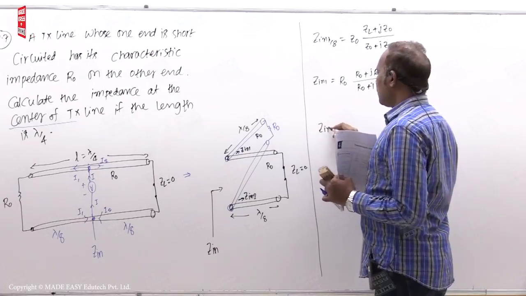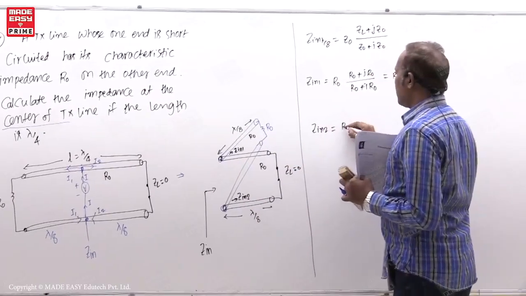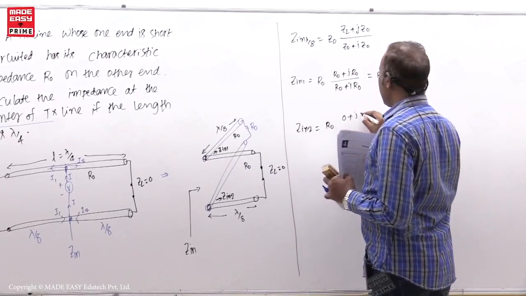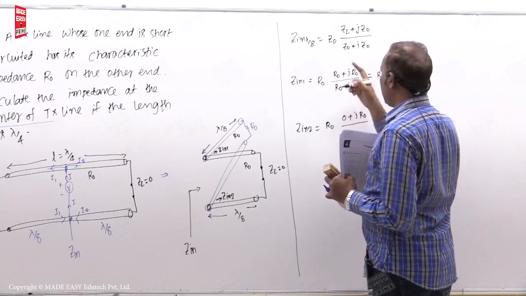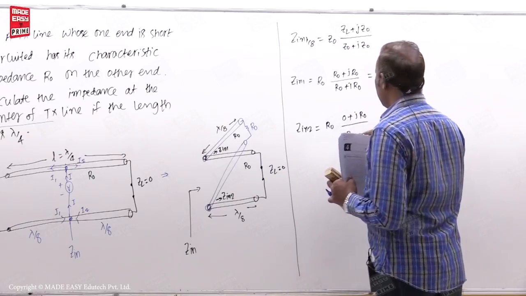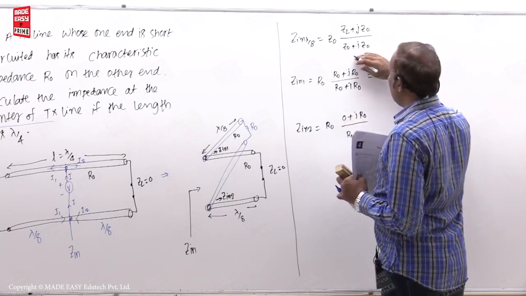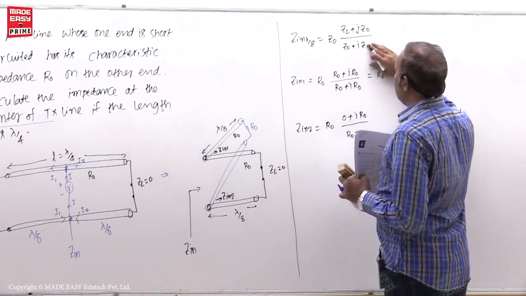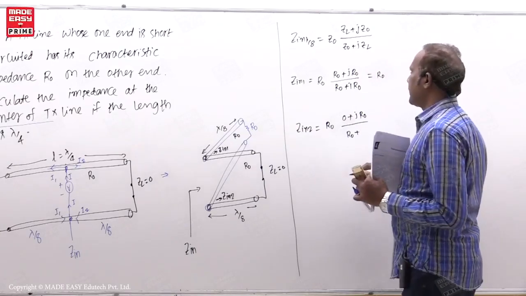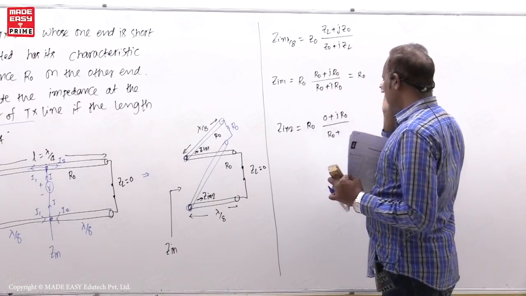Then what is Z in 2? That is also a lambda by 8 line. For this, Z naught is R naught, then ZL here is 0. So 0 plus jR naught divided by Z naught plus jZL.